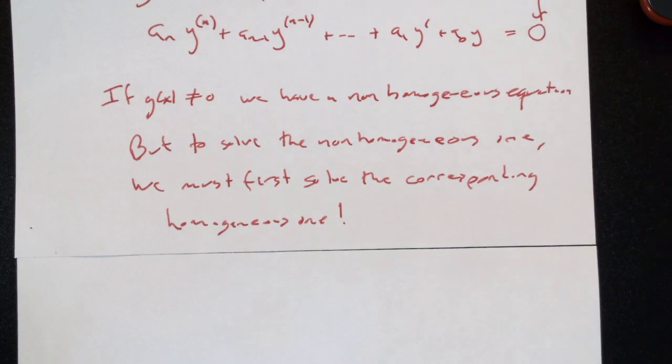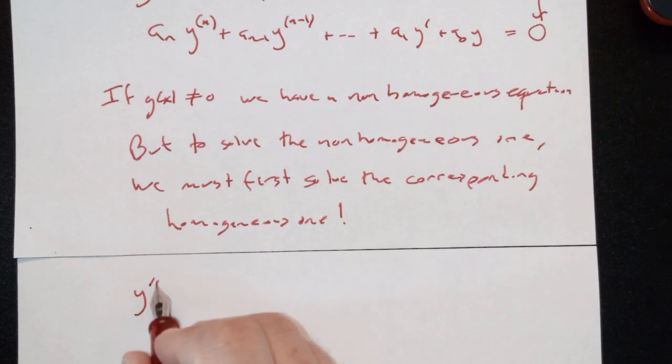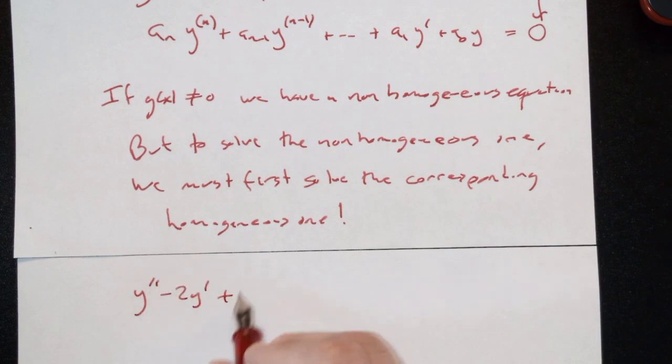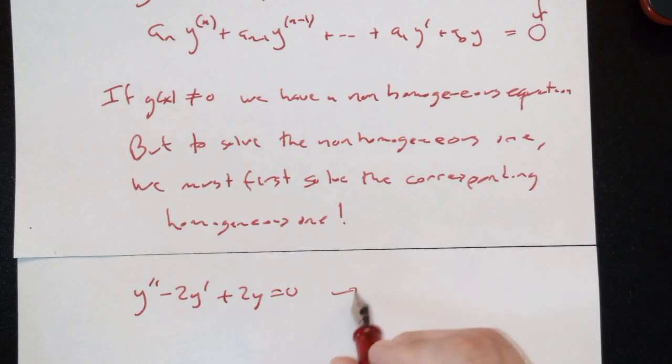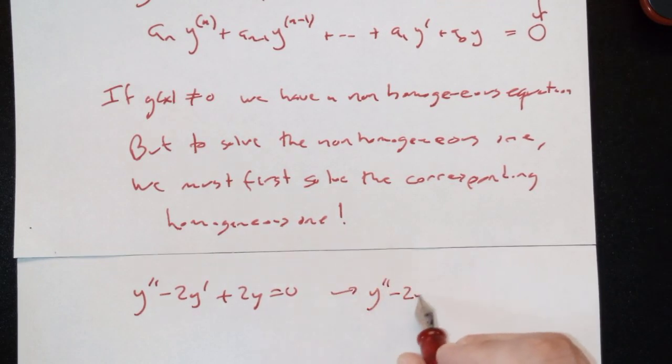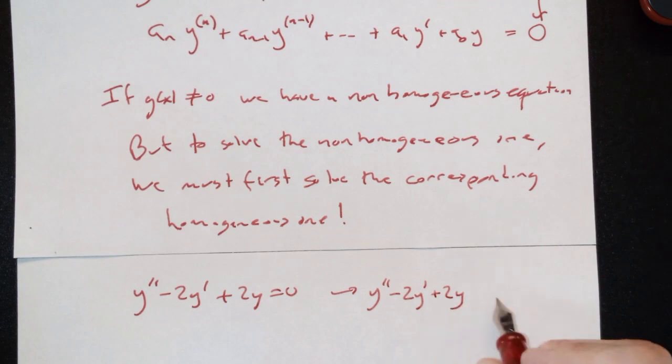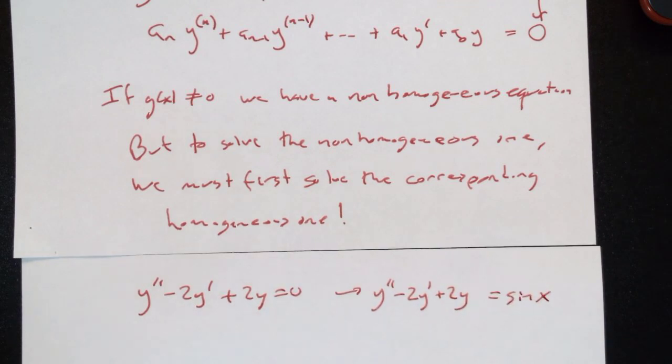Y double prime minus 2y prime plus 2y equals 0. That's a homogeneous equation. Once I know how to solve this, I can then solve something like that. But I can't solve this one directly without solving that one first.